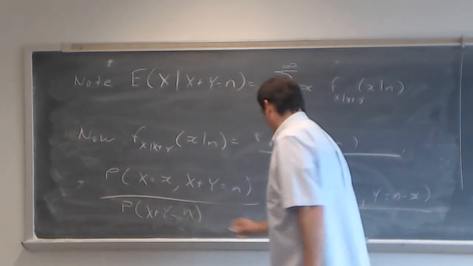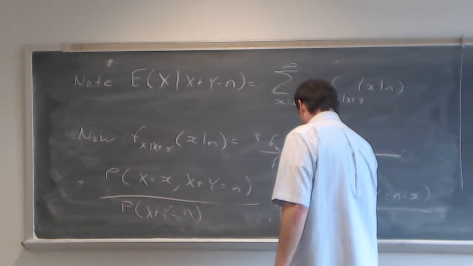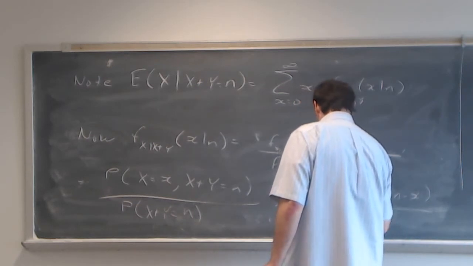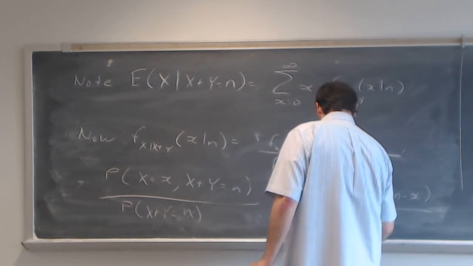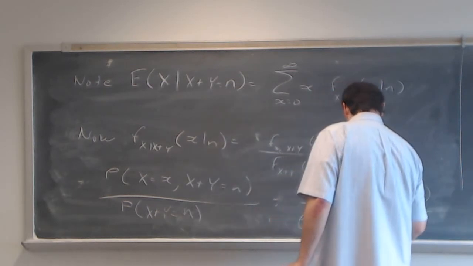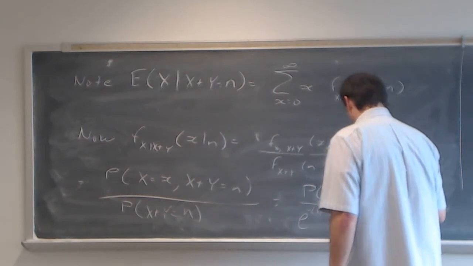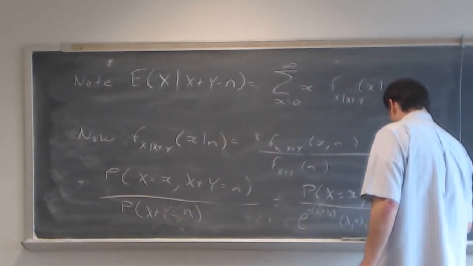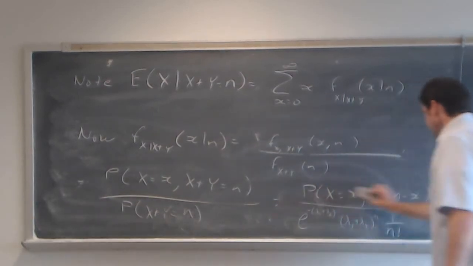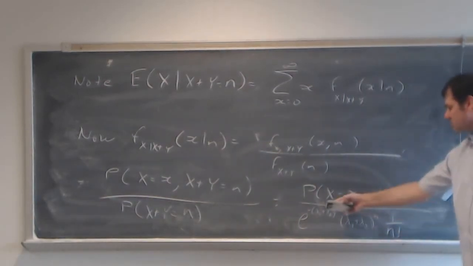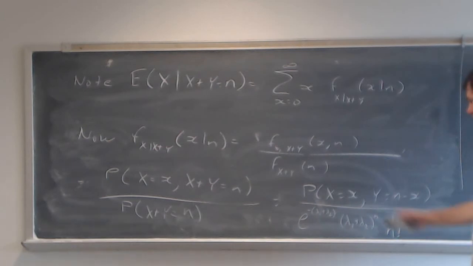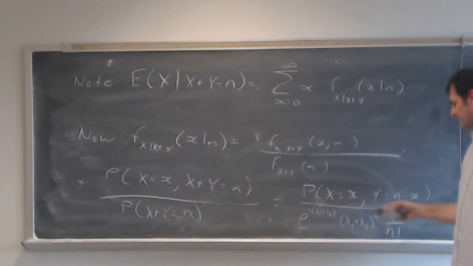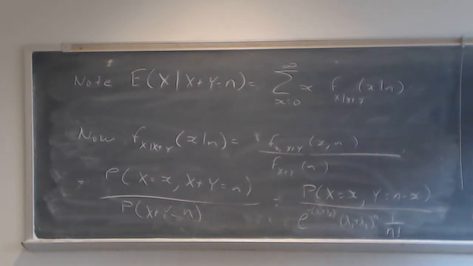And so its probability mass function will be e to the minus lambda 1 plus lambda 2, lambda 1 plus lambda 2 raised to the n, all over n factorial. So I'll just write that down as 1 over n factorial. Now, this part right here we're going to be able to work with because X and Y are independent, and so we can split this up as the probability that X is equal to x times the probability that Y is equal to n minus x. That's going to be my next line.